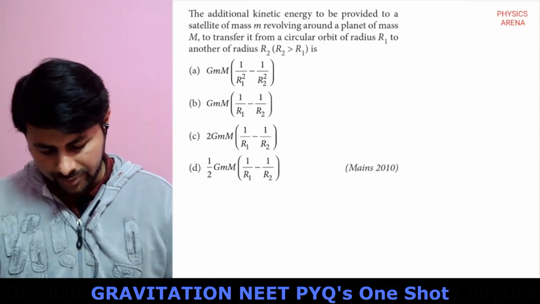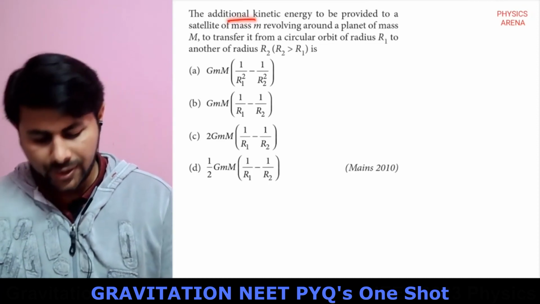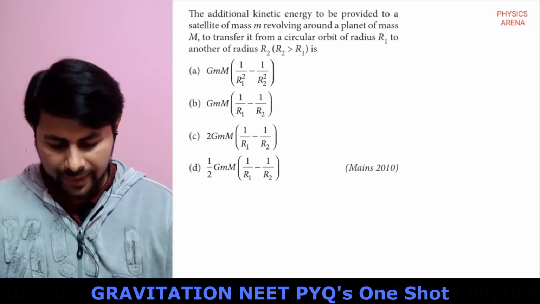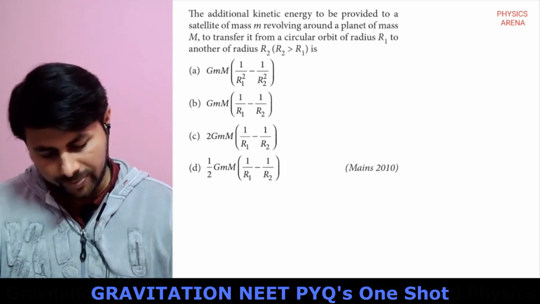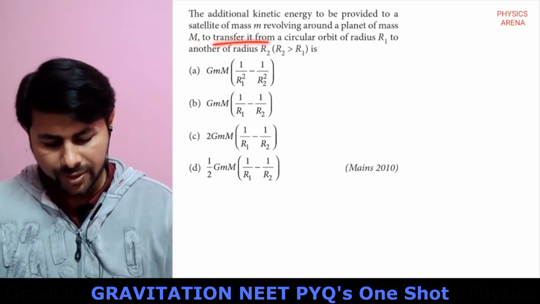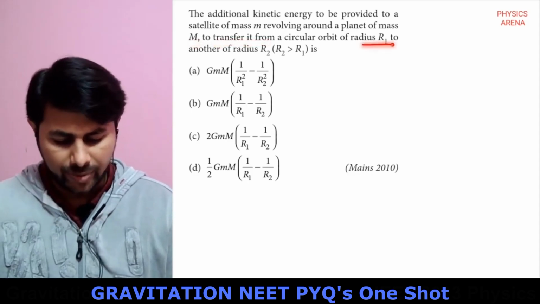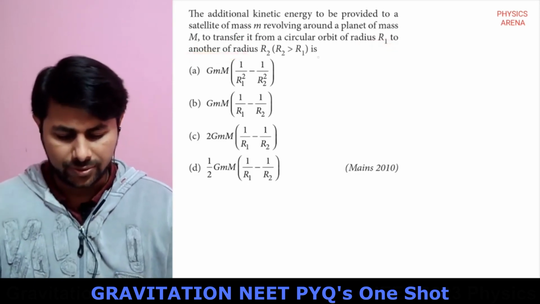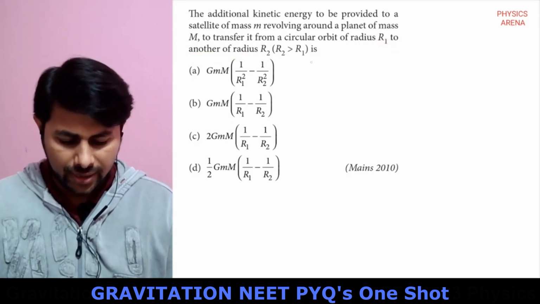Okay. Next question. The additional kinetic energy to be provided to a satellite of mass m revolving around a planet of mass capital M to transfer it from a circular orbit of radius r1 to another of radius r2, where r2 is greater than r1, is?